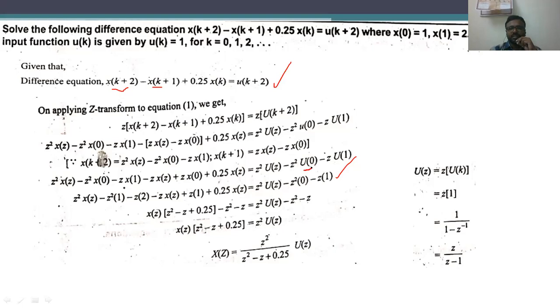The step function of 0 is nothing but 0 and step function of 1 is nothing but 1. So this value is 0 and this value is 1.